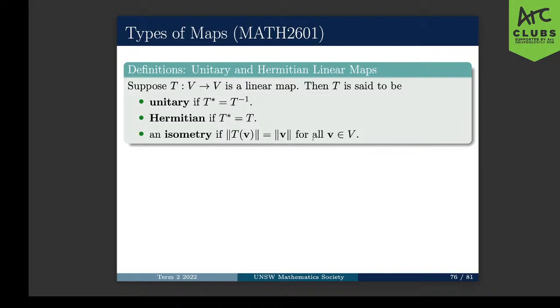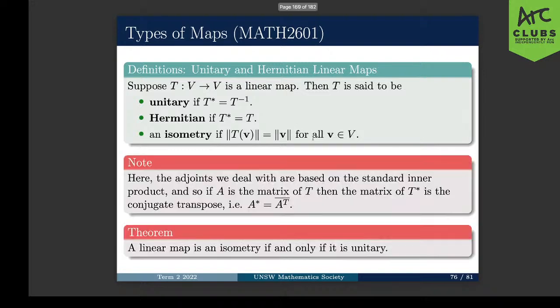Now, when we talk about these kinds of maps, we usually only deal with the standard inner product. What I mean by that is, you know how the adjoint depends on the inner product, on being able to switch around the places of T. We always deal with the standard inner product on the vector space we're talking about.